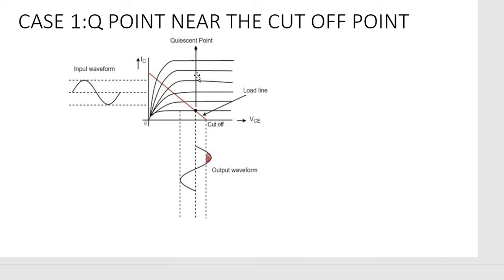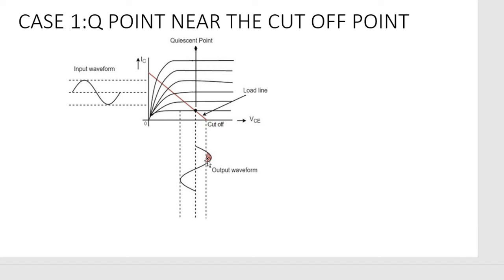Okay, so here we have the Q point somewhere here. This is the cutoff point. We are applying an input waveform. So if you project the input with respect to these points, so this is the reference point, the Q point is here, we can say that some portion of the positive half cycle is getting clipped.